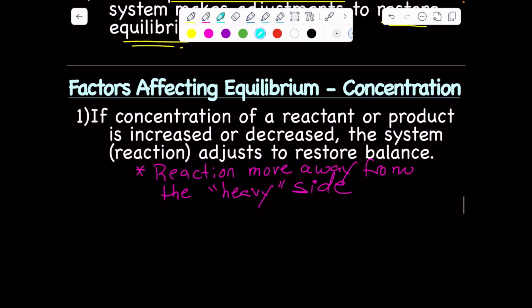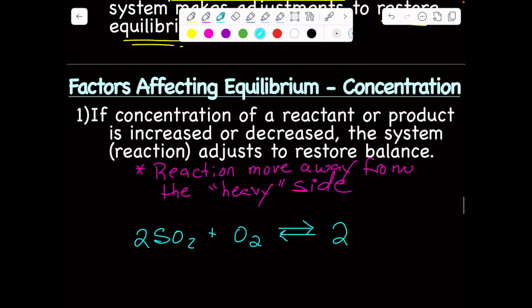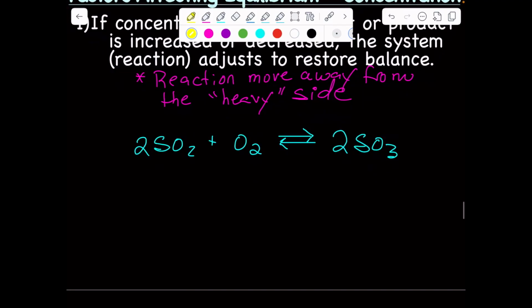So let's put our reaction back up. We had 2 SO2 plus O2, and this is going to be any reaction at equilibrium, at perfect balance. It's 2SO3. Okay, hope I got that right. And then one little piece of information that you need to know is this thing called brackets.